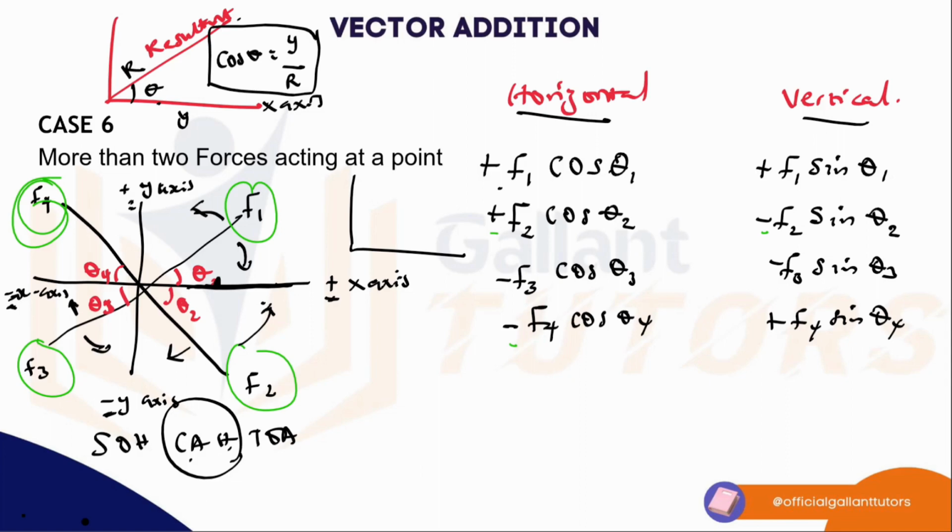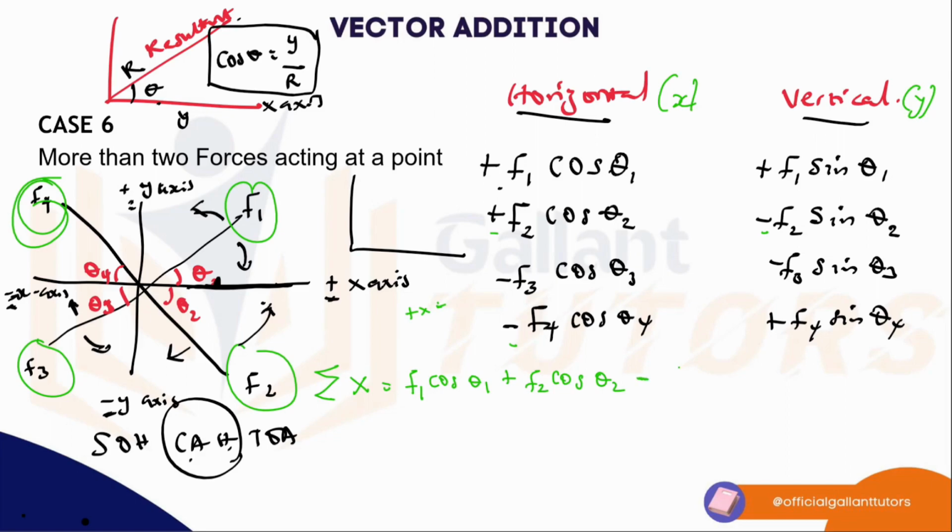Is that clear? All right, so from here what we're going to do is that all that is under x, we're going to sum it up. So summation x: we have f1 cos theta 1 plus f2 cos theta 2, plus times minus is what?